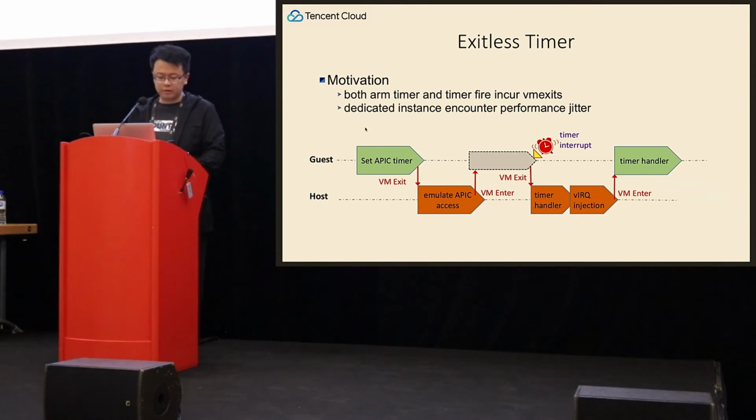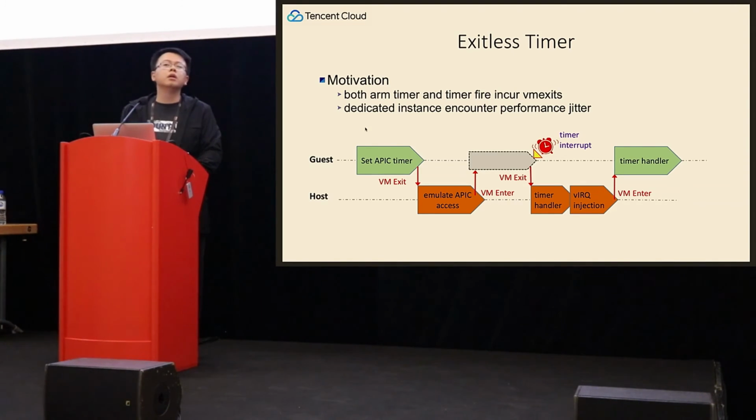There is no such solution, but there are several timer pass-through solutions from different cloud companies, but they have some limits. We can't get a generic solution which can be upstreamed, but we can have a specific solution for internal use.